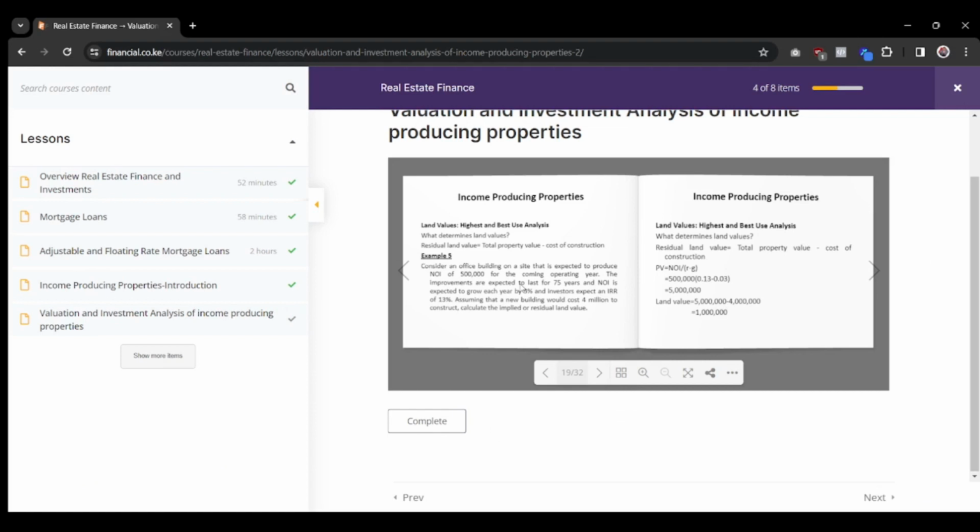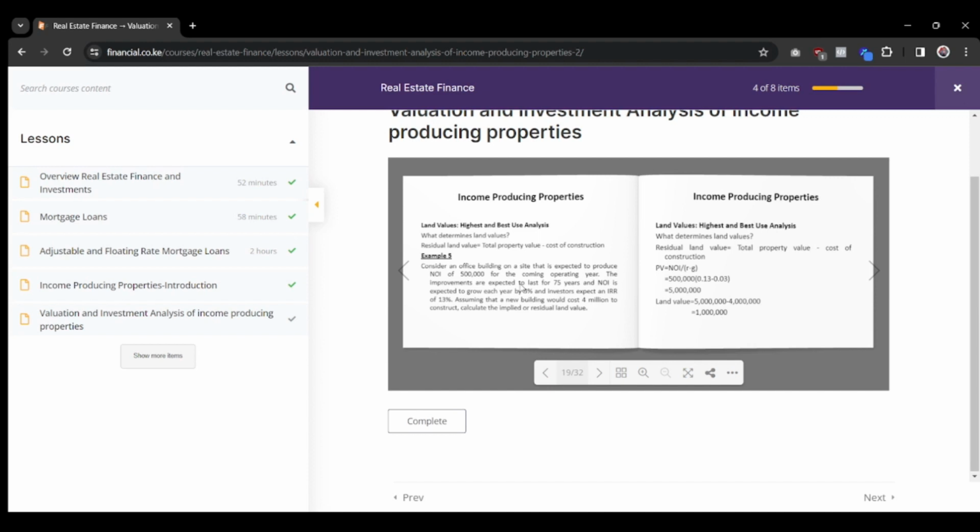You can also calculate the land values assuming highest and best use analysis. Land value is determined by subtracting the cost of construction from the total property value. So with this, let's look at an example. Consider an office building on a site that is expected to produce net operating income of 500,000 for the coming operating year.